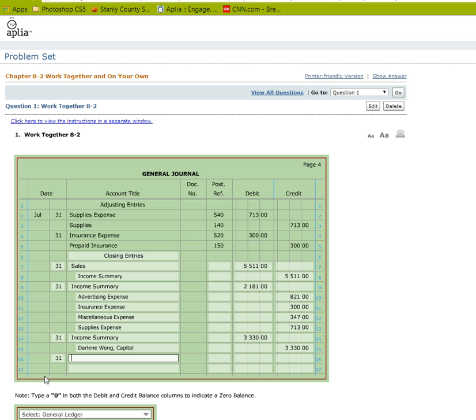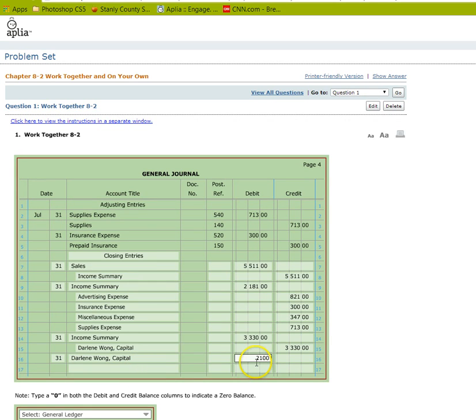Okay, the 31st. Our last step is page 211. We now have to close the drawing account. The drawing account has a debit balance, so we will close it with a credit. So that means we will use Darlene Wong capital as our debit. And the amount that we had in our drawing account was $2,100.